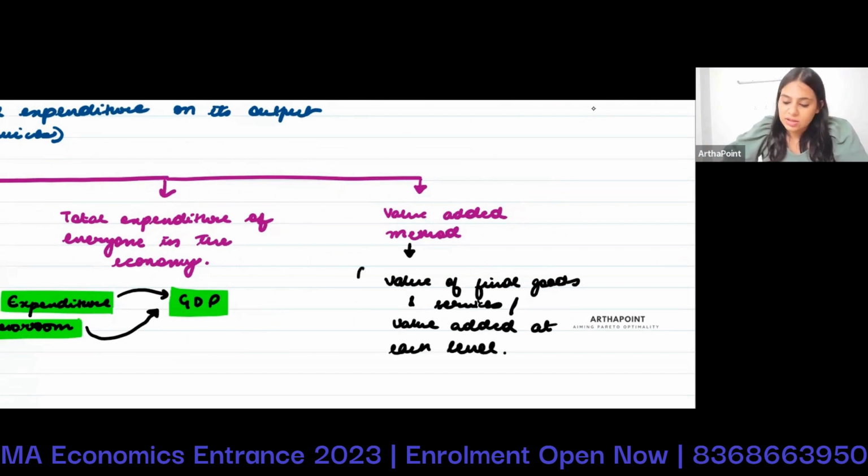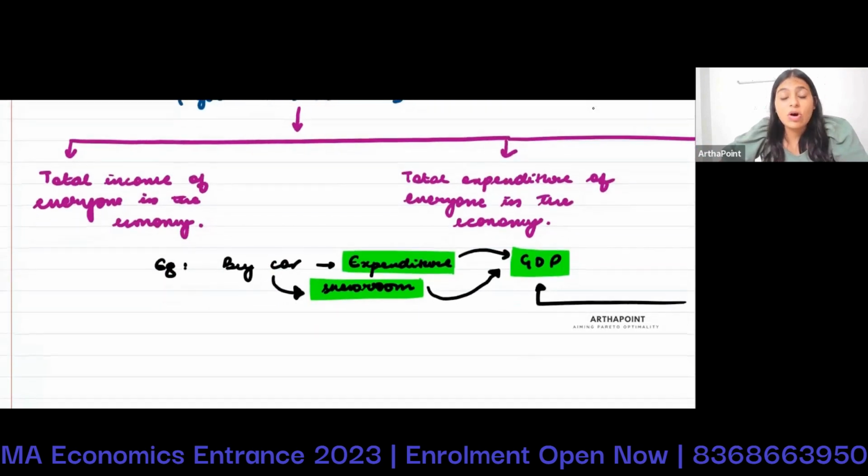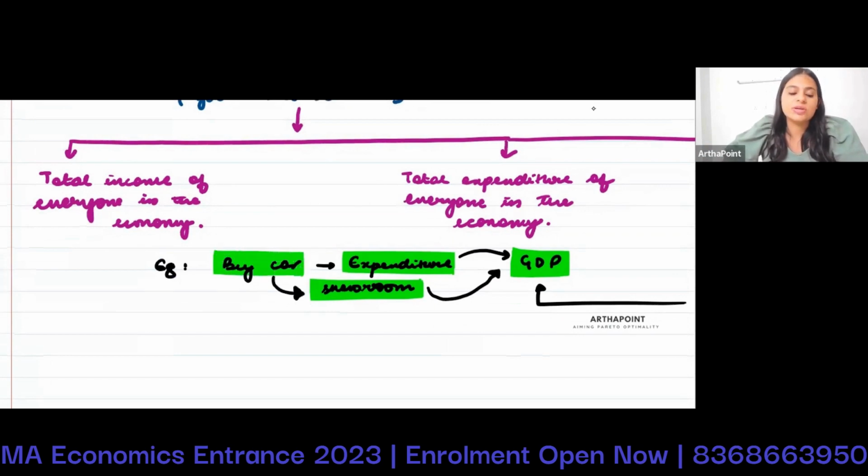And when you do that, it is going to give you the GDP of the economy. So in that sense, because the car is produced in the economy, its final value must be part of the GDP of the economy.